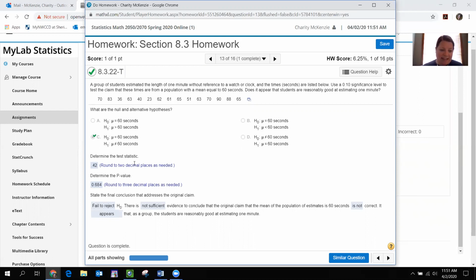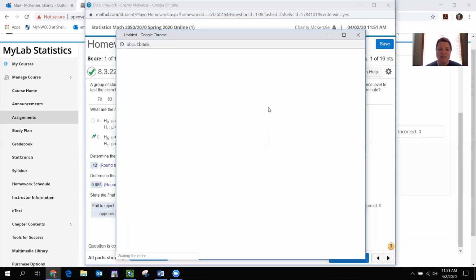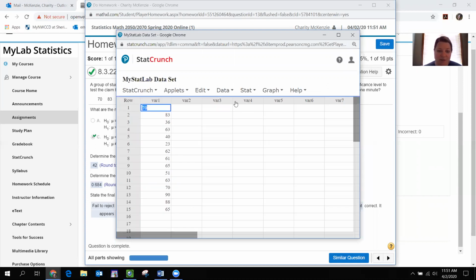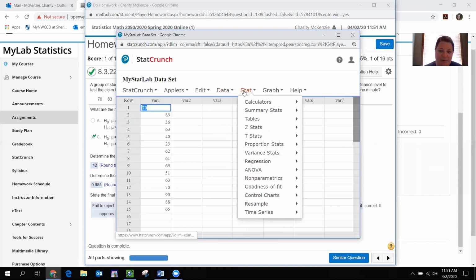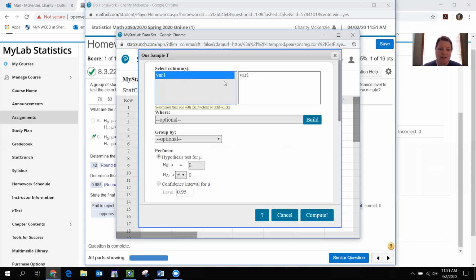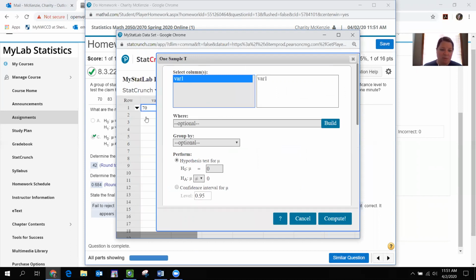Then how are we going to get this data? Well, we can click our little square here and then open StatCrunch, and it'll put that data in StatCrunch for us, but we can still go to that same place of our T because we're dealing with means, not a proportion. And we have one sample with data. Okay, so then we select our data from the section 1 variable here.